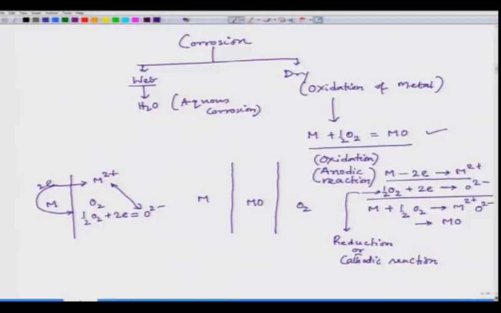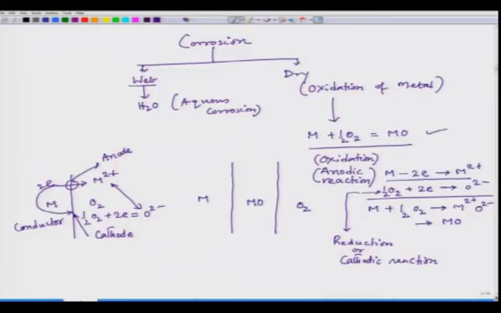Now, you see this part acts as anode, one electrode, and this part acts as cathode, the second electrode, and this is the conductor. When these two reactions take place, these are called half-cell reactions. Finally, M2+ and O2-, they combine and form metal oxide.